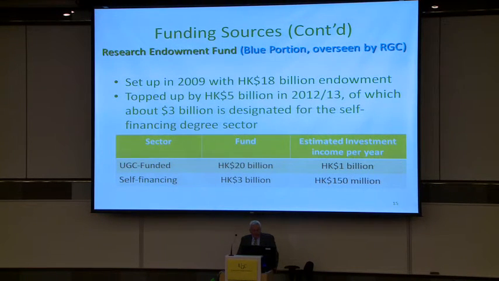So of that, the $20 billion which covers the UGC-funded sector, the estimated investment income per year is about $1 billion, and it is from that the bulk of the RGC grants derive. So that is where the principal grants money accrues that we're going to talk about later this evening.